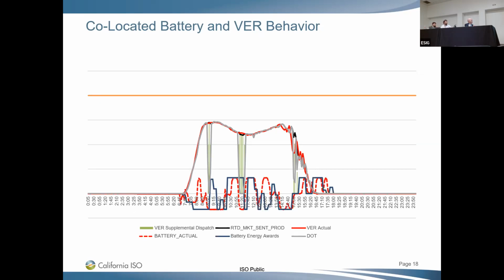So why was the market dispatching this resource down? Well, we'll add a couple more lines. So now you have in dash the battery resource that's under the same aggregated capability constraint, and then the battery awards that were happening from the market in combination to the DOT.